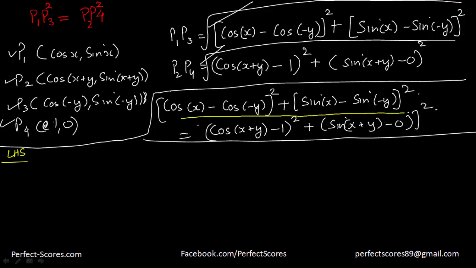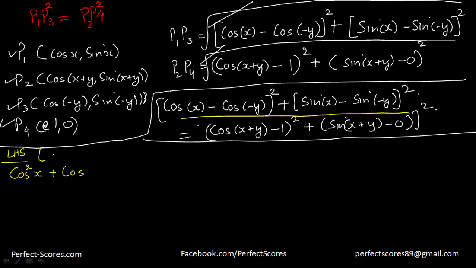If I open this up, a minus b whole square is equal to a square plus b square minus 2ab. So this is going to be cosine square x plus cosine square of minus y.